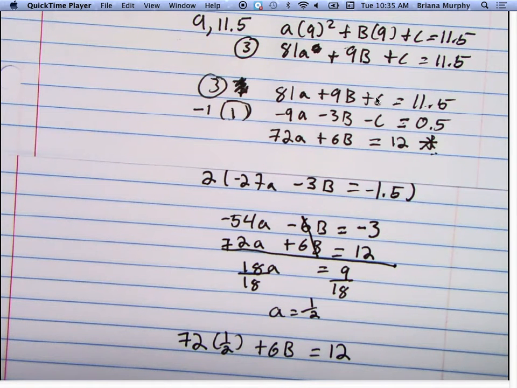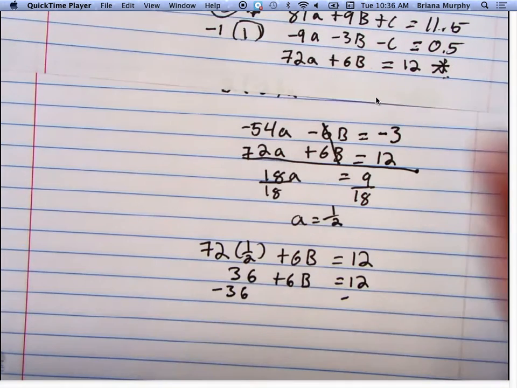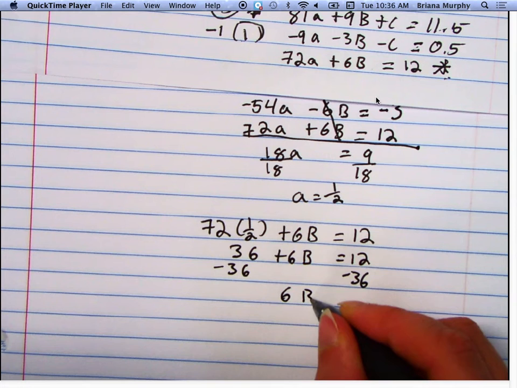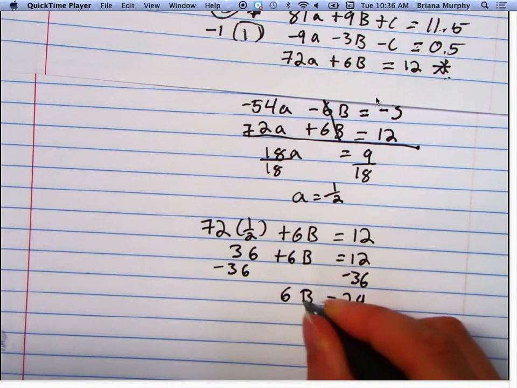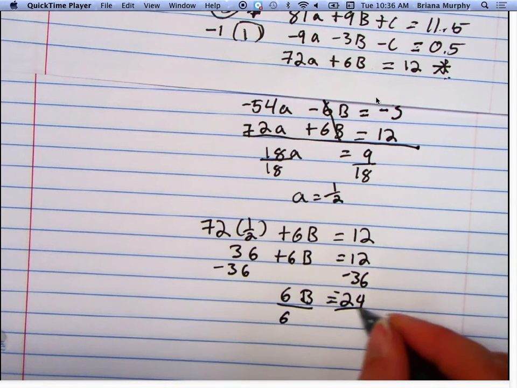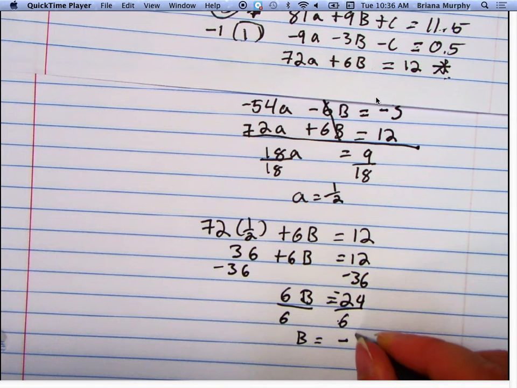Half of 72 is what? 36 plus 6B equals 12. Subtract 36. And I get 6B equals negative 24, thank you. Divide by 6, and I get B equals negative 4.